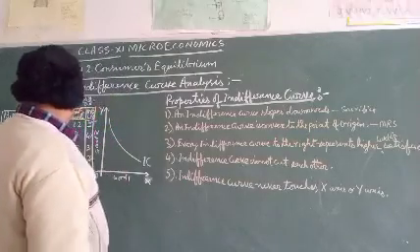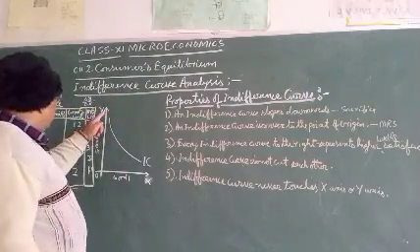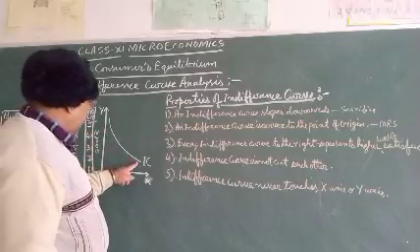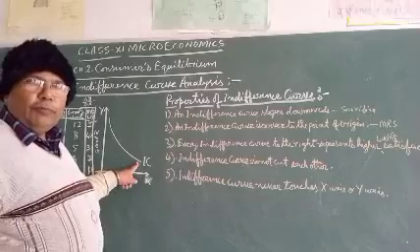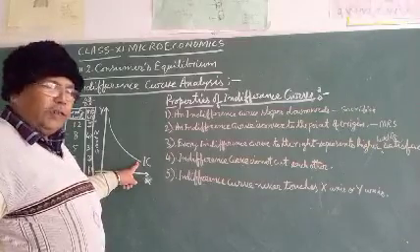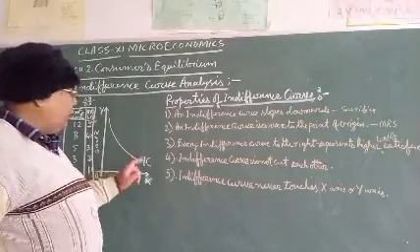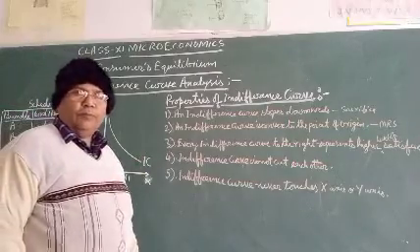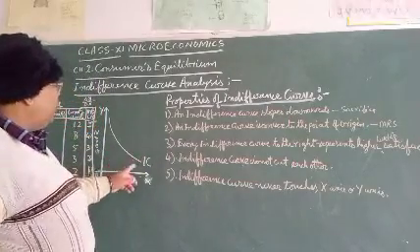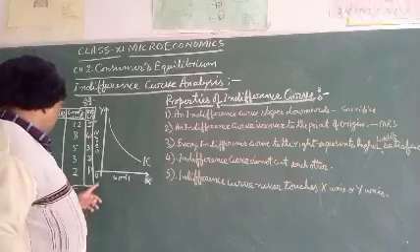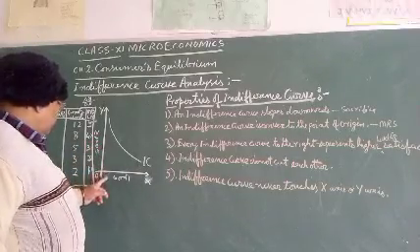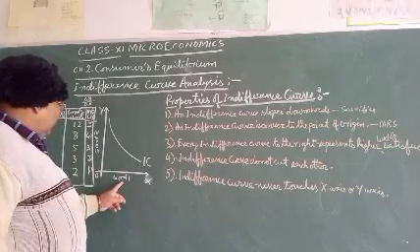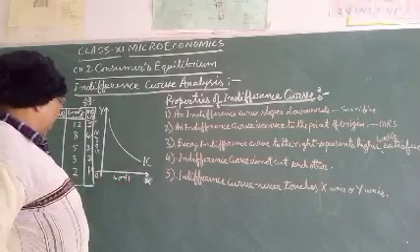With the help of this schedule, we can prepare the indifference curve. The indifference curve slopes downwards and it is convex to the origin. Here on the y-axis we plot good 2, on the x-axis we plot good 1.